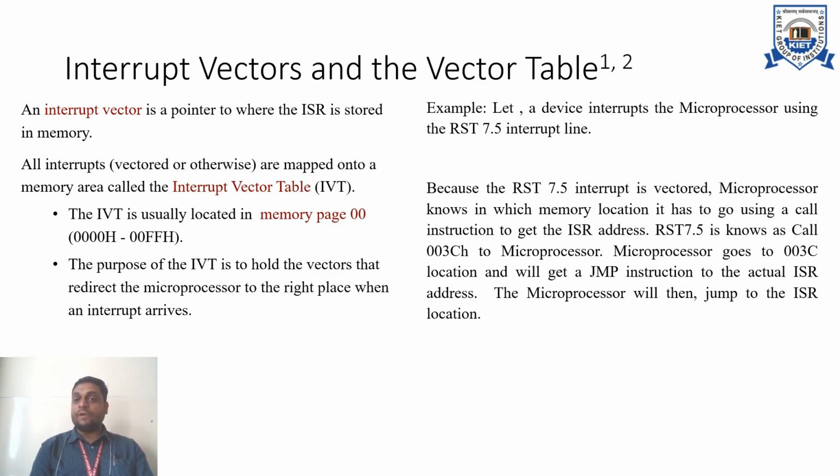This call location is already defined in the interrupt vector table. So the microprocessor goes to the location and gets a jump instruction to the actual ISR address, and then the microprocessor jumps to the ISR location. In this manner, the execution of the interrupt vector happens.